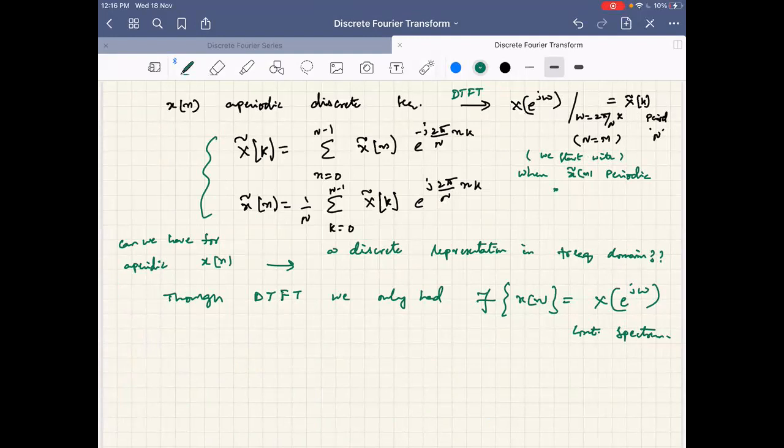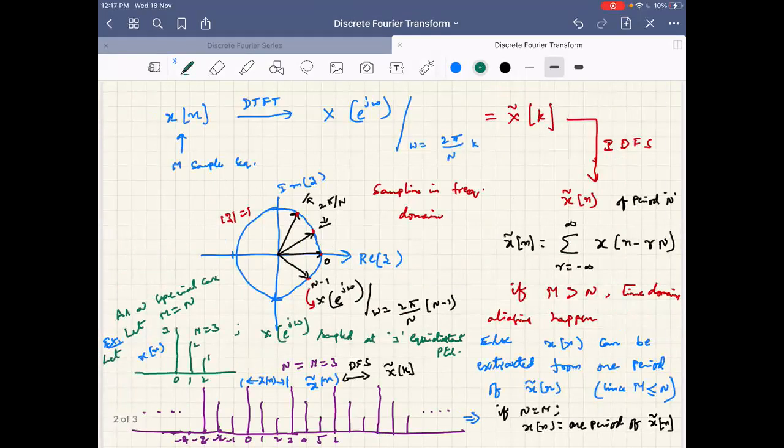So here the question now is, if I give you simply one period of x tilde of k, these 3 samples, can we get back x of n or not?